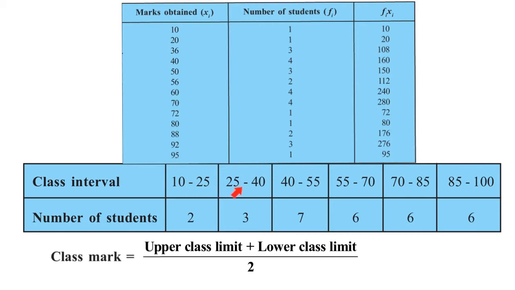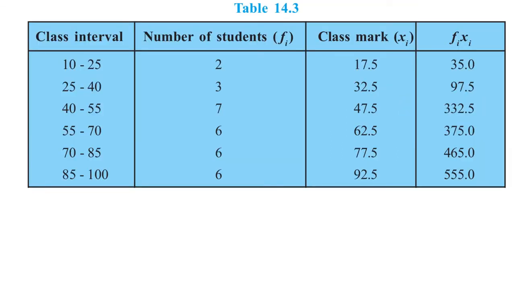Similarly, let us find the class mark for each class interval and put them down in the table. So we have the class intervals of 15 each. We have the number of frequencies. We can find the class mark. How did we find that?